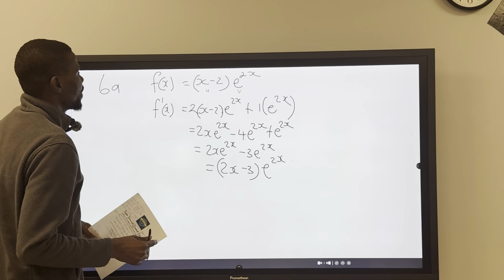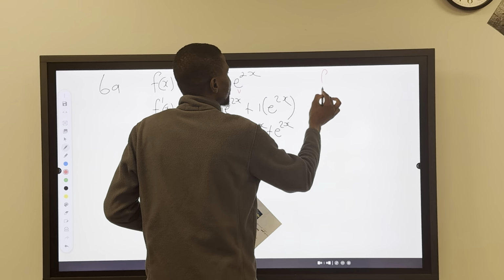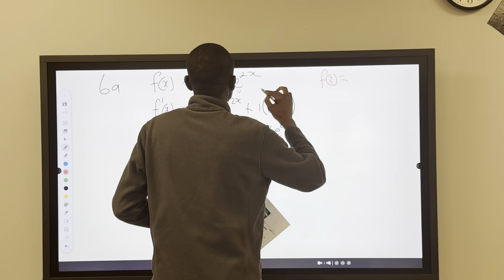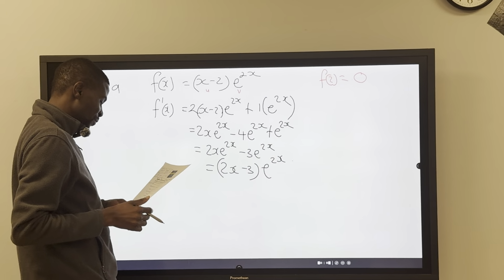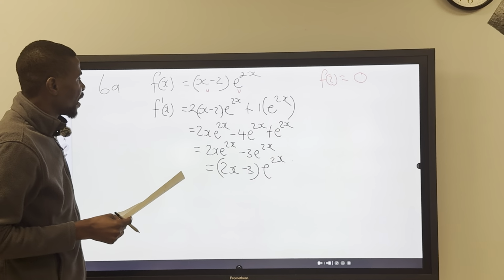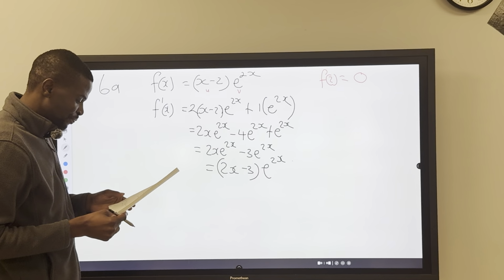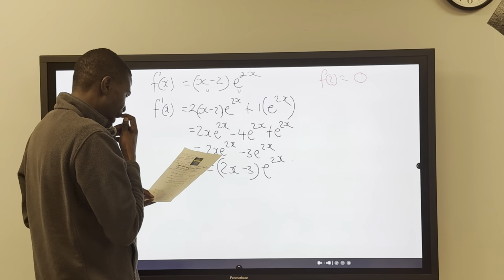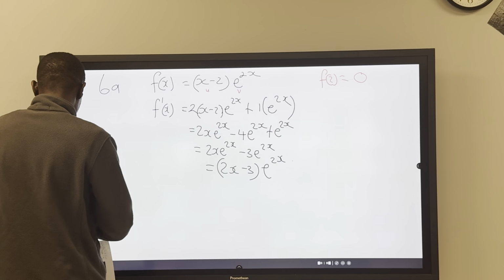Then allow me just to evaluate here at 2. So f at 2 is going to be 0 here, right? F of 2 is going to be 0, because it's 2 minus 2. Then what do we need? We also need f prime prime.